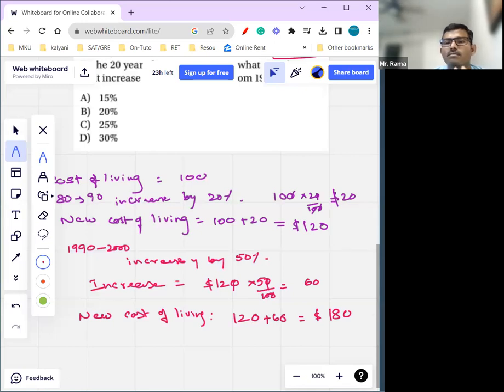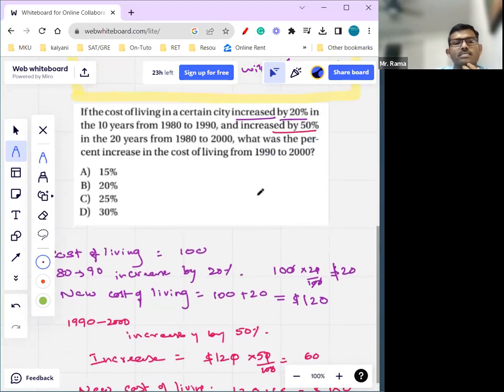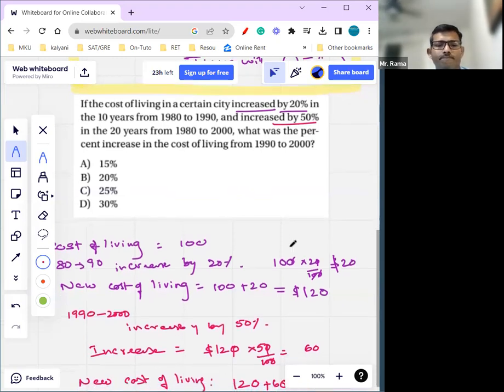So now let's look at it. What the question is asking is, what's the cost of living change from 1990 to 2000? So how much did it go up from 1990 to 2000? If I look at it carefully... wait, did I make a mistake?